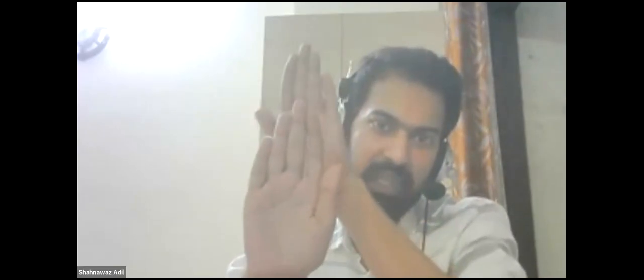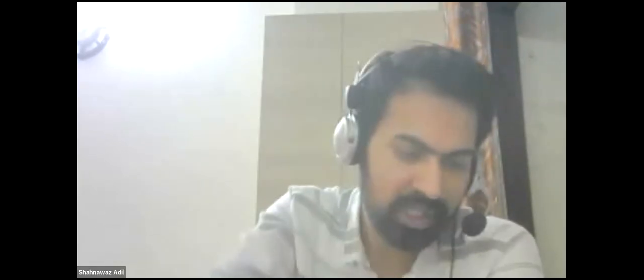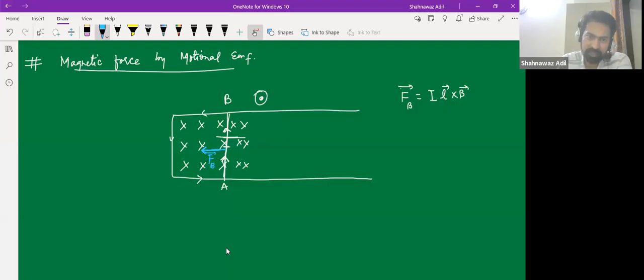So I have my fingertips in the L direction. L cross B. B is palm, right? If I curl my finger, this is the magnetic force that I am getting, right, guys? So the left direction.